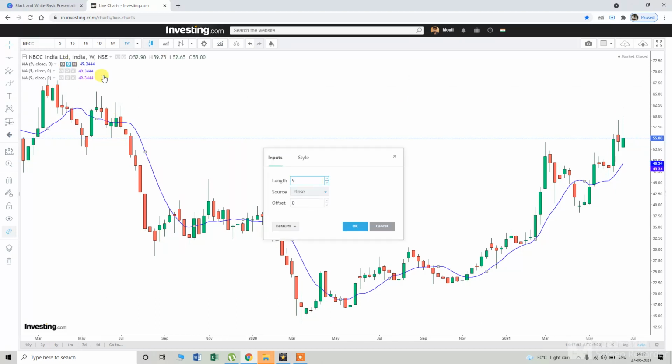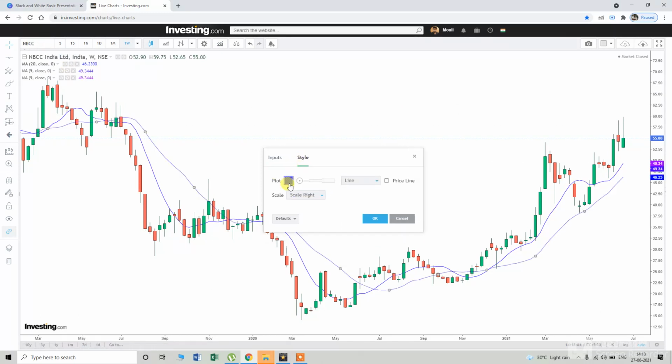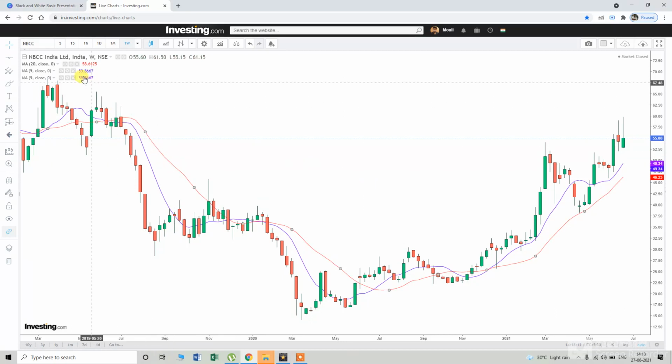Let me change this. You can type 20 here, click on settings, then format, so you can change it, and you can also change the color. I want to keep it in red color.